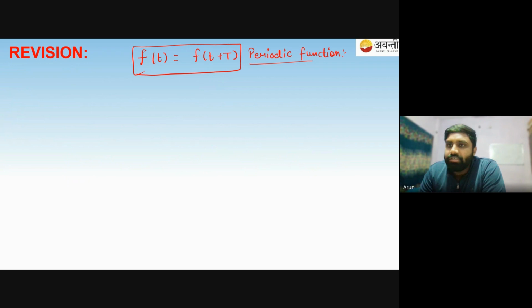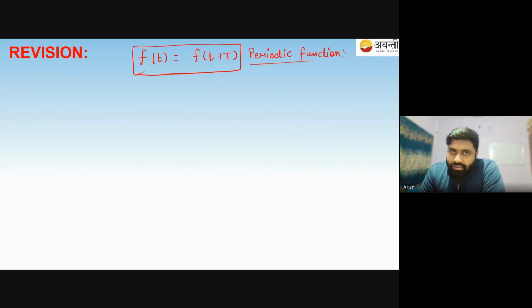It is bound with a mean position or equilibrium point. The body executing this oscillatory motion always goes around this equilibrium position or mean position. That is why oscillatory motion is the bounded motion.